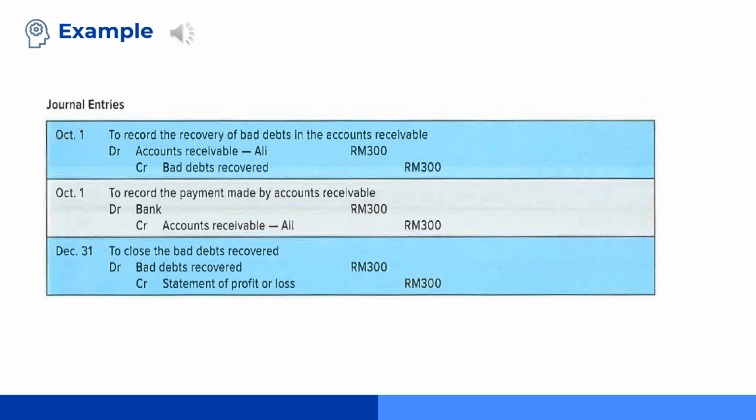Note that the credit balance account will be transferred to the statement of profit or loss as other income. And then to record the payment made by the accounts receivable, as usual, you debit bank or cash and then credit accounts receivable.